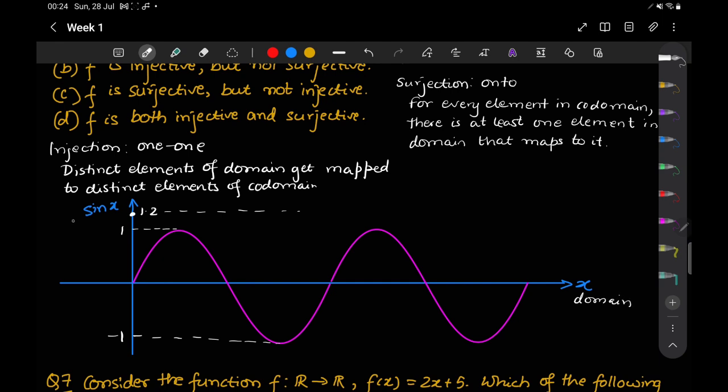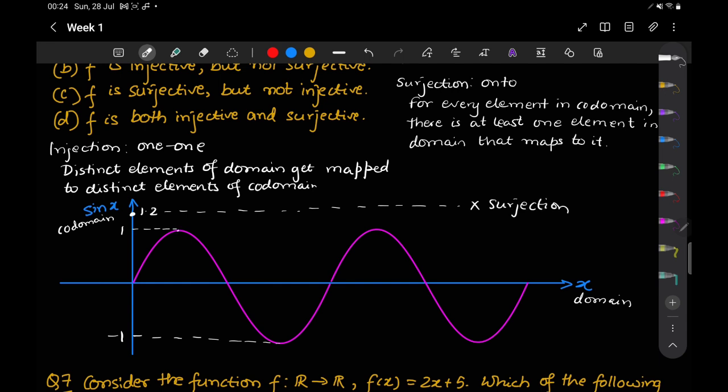This is the domain and over here is the codomain. So this element in the codomain, 1.2, has no element in the domain which actually maps into it. So clearly this is not a surjection.